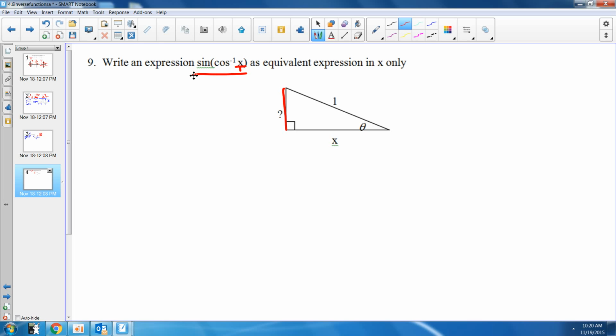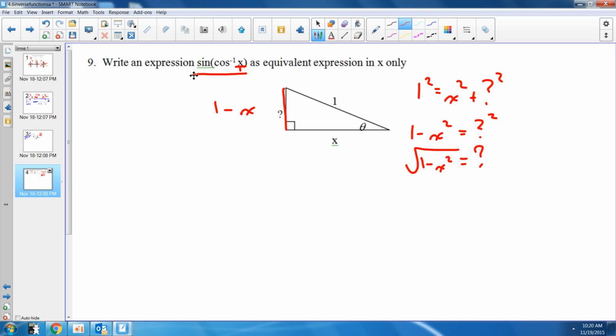So it's just going to be 1 squared equals x squared plus question mark squared, and just solve for the question mark, or put a variable in. Doesn't really matter. This becomes 1 minus x squared equals question mark squared. The question mark is really equal to the square root of 1 minus x squared.